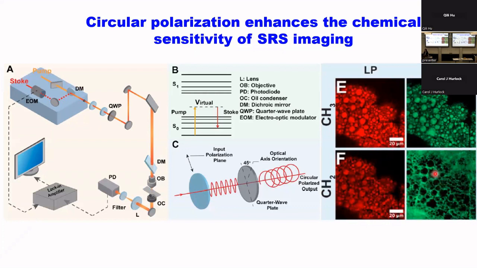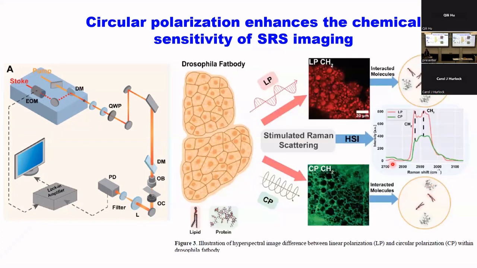These places become dark voids, right? So that means the lipid molecule interacts with this light very differently. And you can see that the decrease of the signal from the CH2 chemical bond is much faster than the CH3 chemical bond. So that's an interesting observation. We are also doing further experiments to confirm a lot of phenomena in other tissues as well.